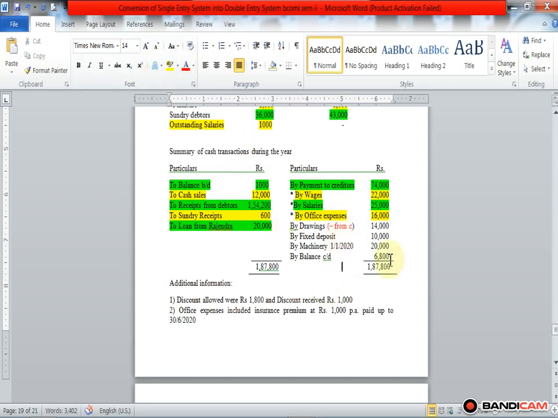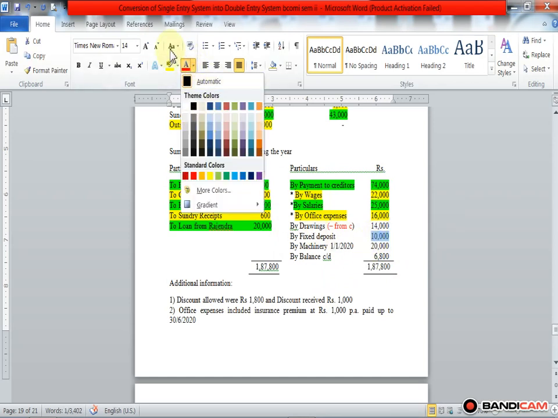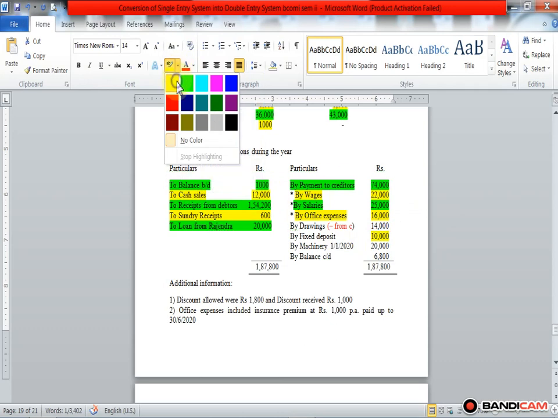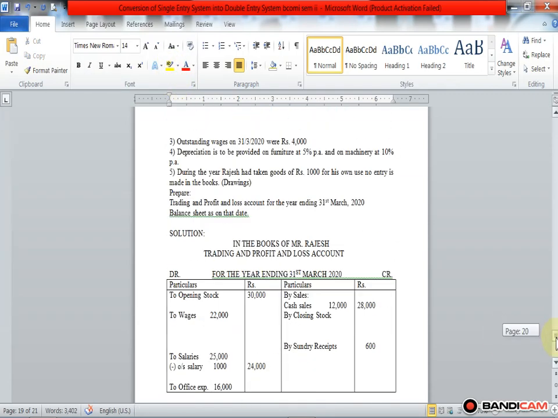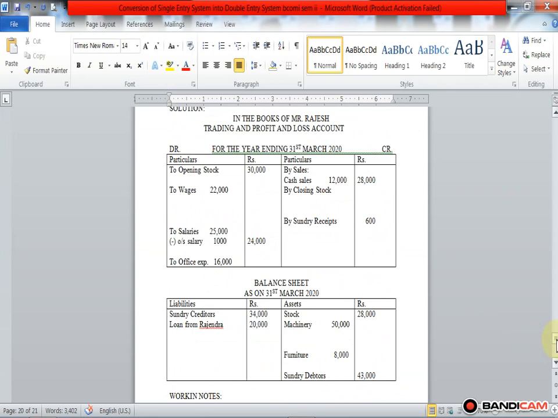Then fixed deposit means bank balance during the year. Okay, bank balance during the year amounted to rupees 10,000. So bank balance is our asset and is transferred to balance sheet, but which balance sheet?